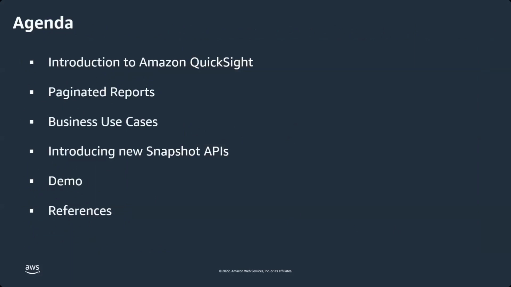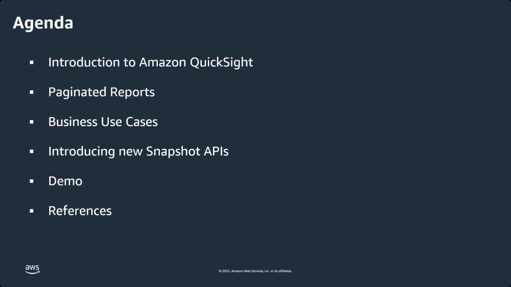Now it's time to talk about the agenda. We will start with the introduction to Amazon QuickSight, in case you are a beginner and not familiar with it, so we can provide you what QuickSight offers out of the box. We'll talk about paginated reports, which is a component within QuickSight.